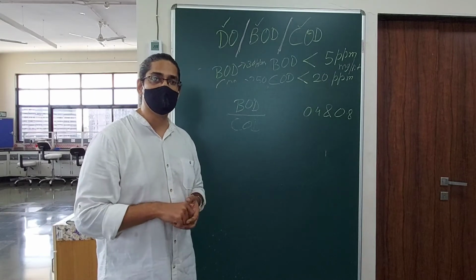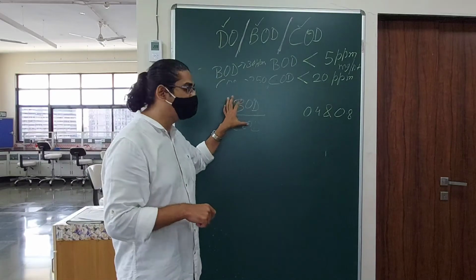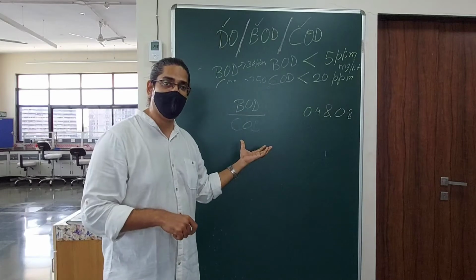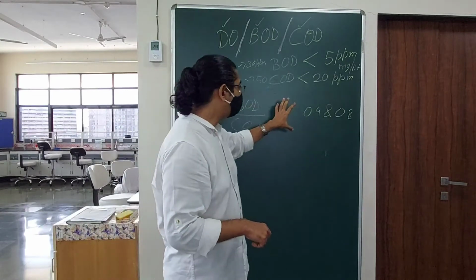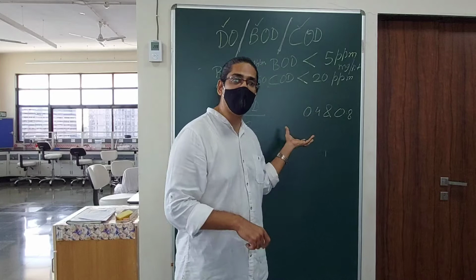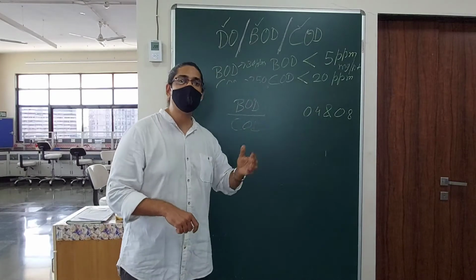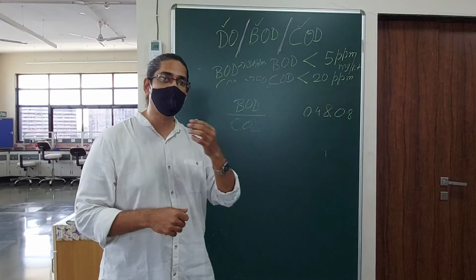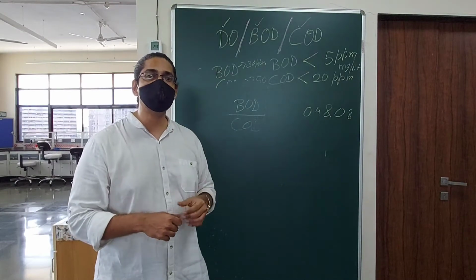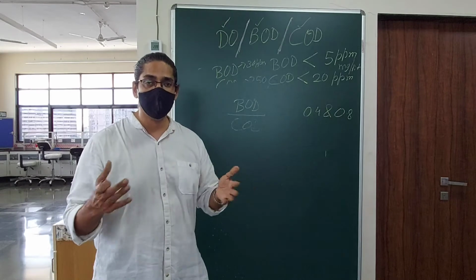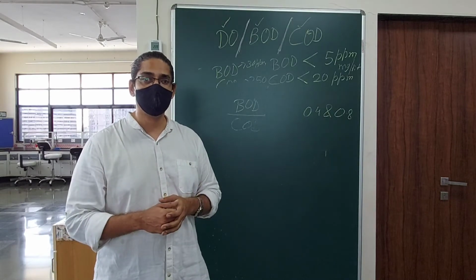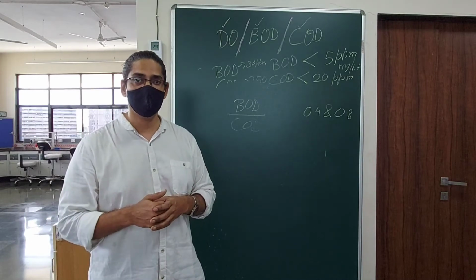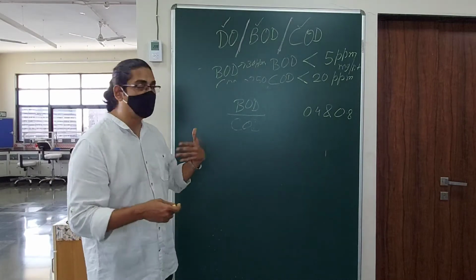It's good news that although the water is a bit polluted, there is still hope to make it better. But if this ratio is small, say 0.1 or 0.2, then you really have to think about ways to treat that water, because most of your organic contamination is coming from non-degradable stuff like plastics. If it is microplastics, it's even more of a problem. And that's actually the problem of our current times.